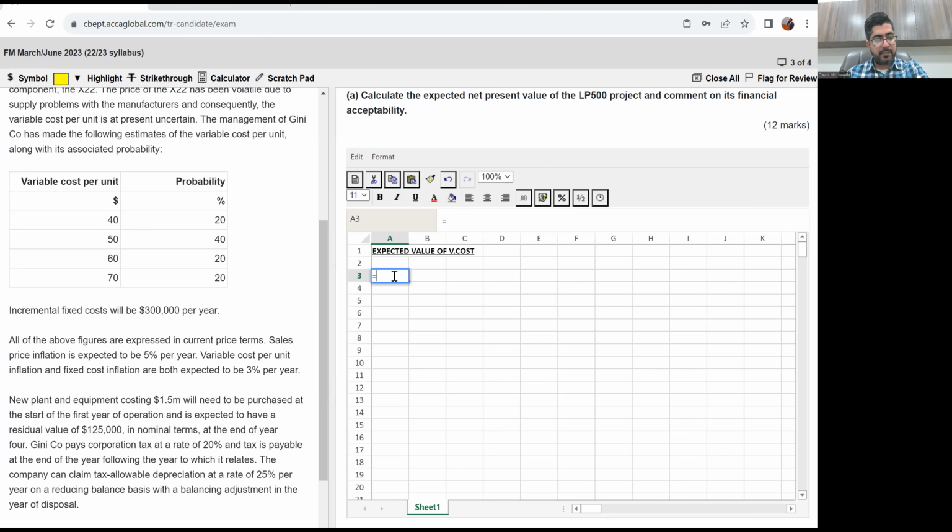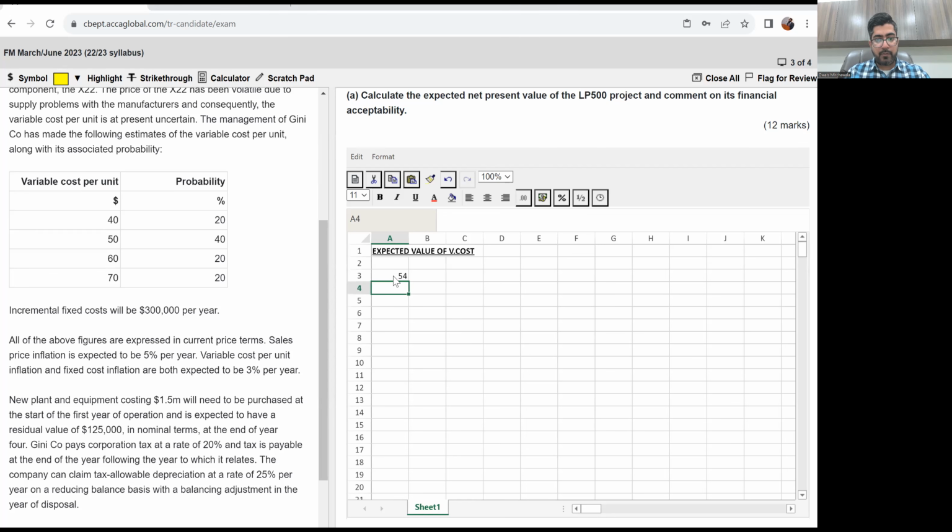So you can say that the first one is 40 with a probability of 20%, 0.2, plus the next one is 50 with a probability of 0.4, plus the next one is 60 with a probability of 0.2, and the next one is 70 with a probability of 0.2.